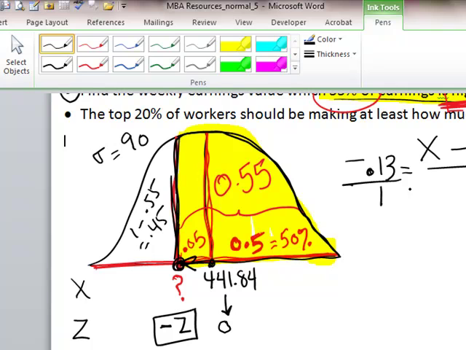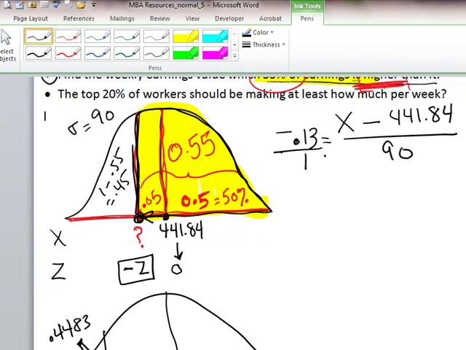So now I have negative 0.13 divided by 1 equals this right side. When I cross multiply, the multiplication of these two numbers must equal the multiplication of these two numbers.